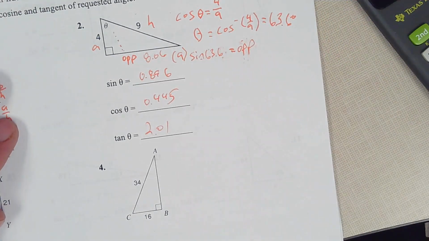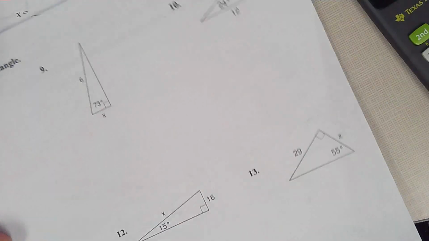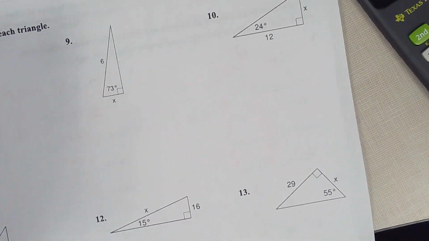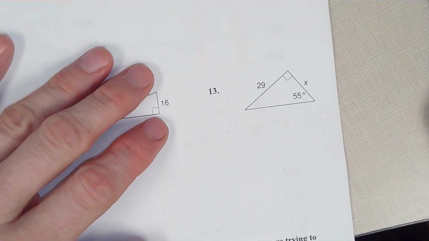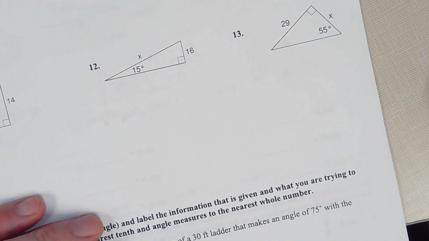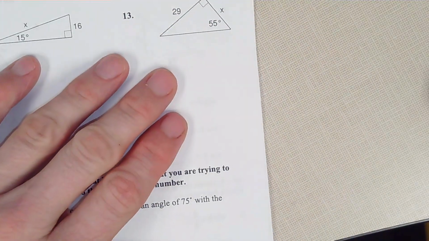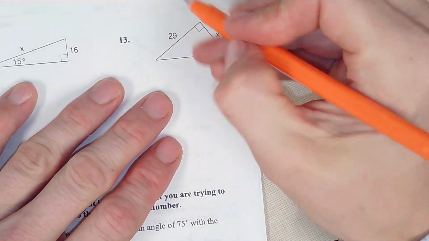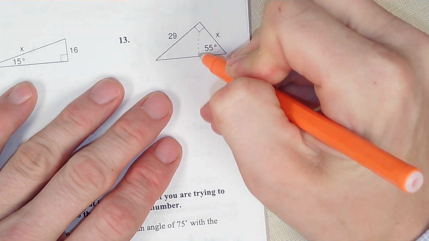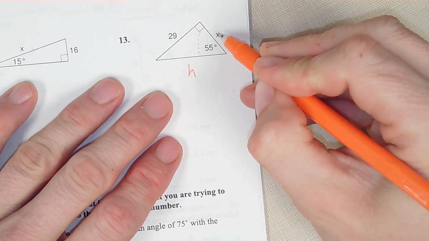Okay, so let's see what's on the back page of these examples. All right, so these are just more examples for solving for x. We'll do this one here. Identify your hypotenuse. There's your right triangle, so that's your hypotenuse.